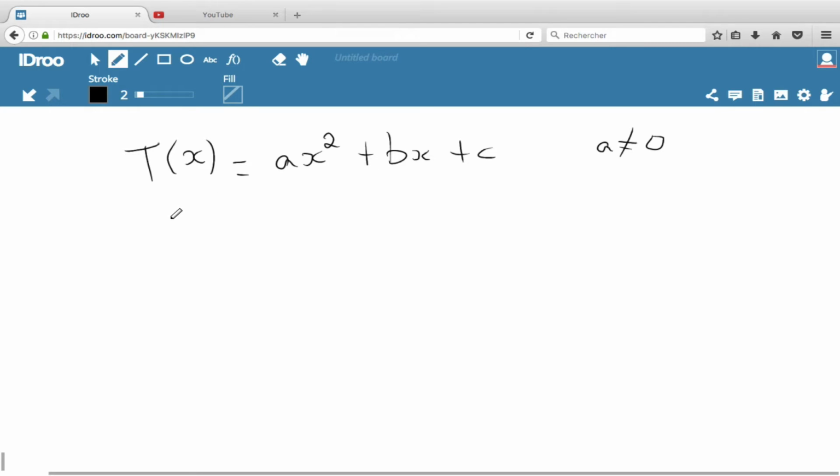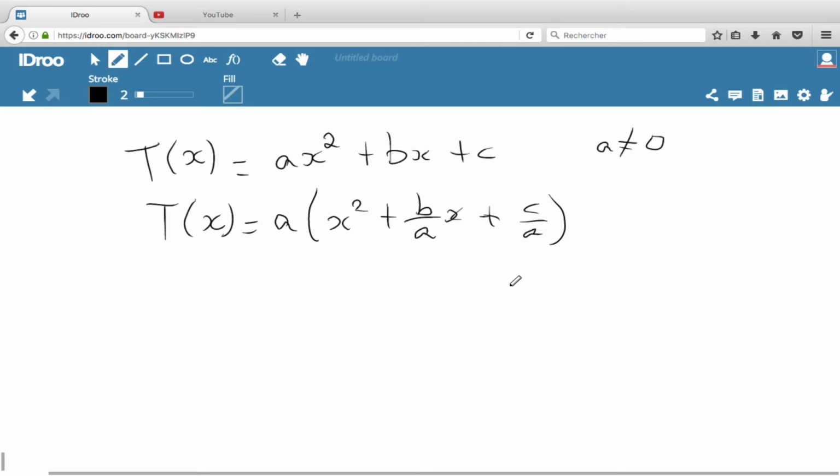So, we can factorize by a. Donc on peut forcer une factorisation par a. So we've got x squared plus b over a times x plus c over a.